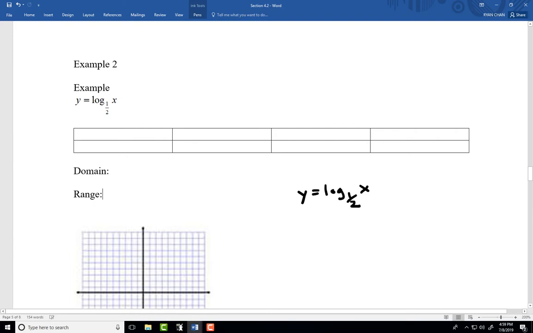Before I graph, I'm going to find my inverse, and I'll graph my inverse first. Remember, if you want to find an inverse, switch your x and y around. So x is equal to log base 1/2 of y. We'll solve for y.